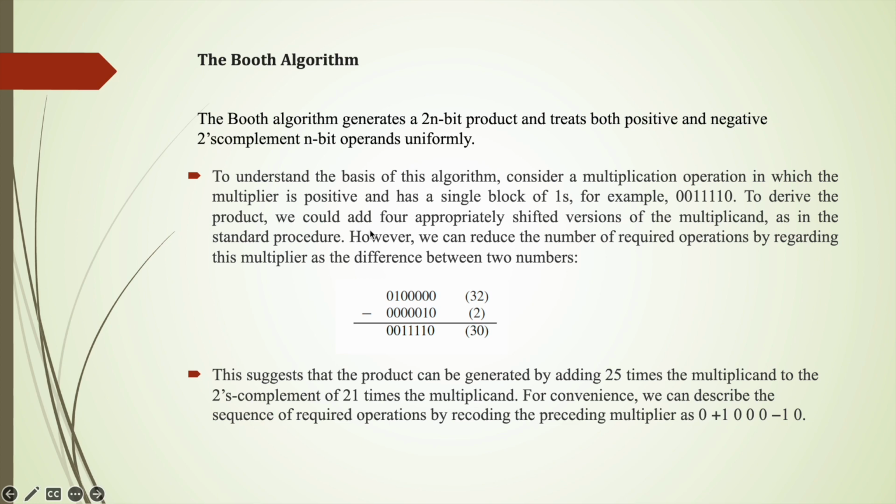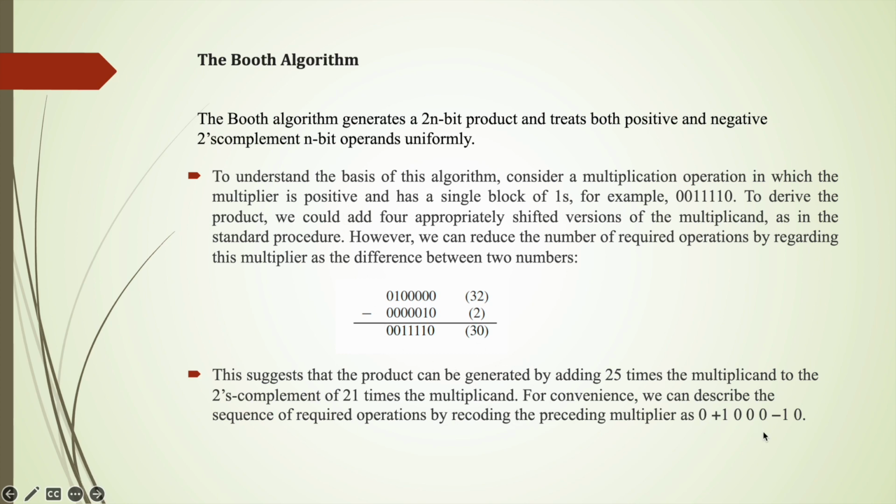Otherwise we would add 4 shifted versions of the multiplicand. We just shift from 4 to 5 and then add the multiplicand only once. So instead of adding 4 times, we add only once or subtract only once. Based on this concept they implemented the Booth algorithm.